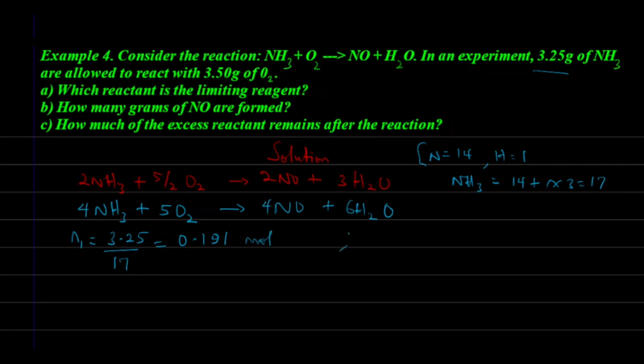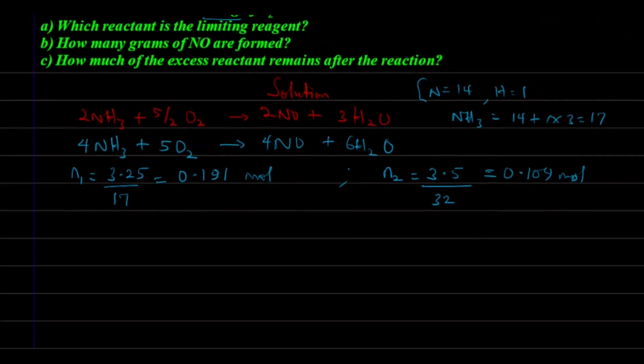Then the number of moles of the second reactant, which is oxygen, is going to be mass over molar mass. The mass of oxygen given is 3.5. The molar mass of oxygen gas is 32, and we are going to have 0.109 mole of oxygen.